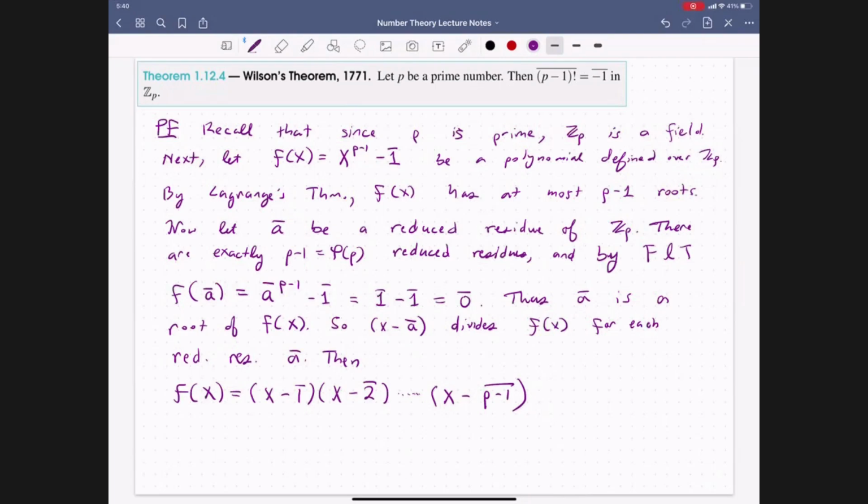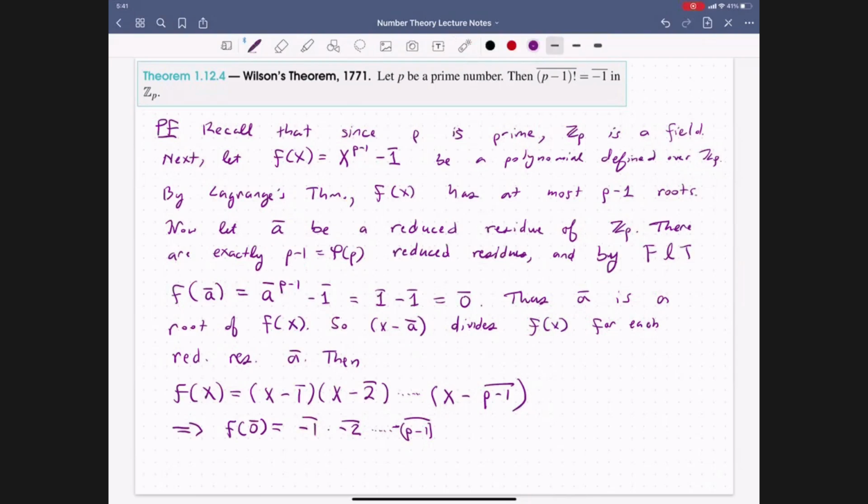Now, let's go ahead and plug in 0. So we plug in 0 bar there. We're going to have negative 1 times negative 2 bar all the way to negative of p minus 1. But now we have p minus 1 copies of a negative happening over here.